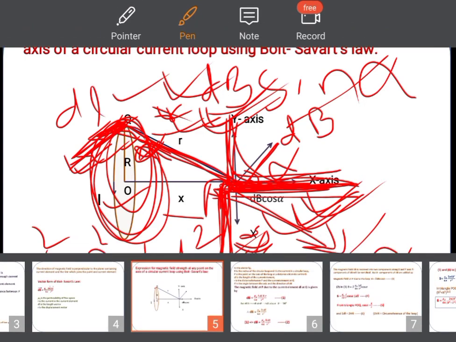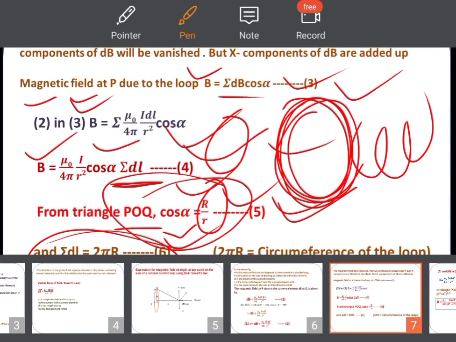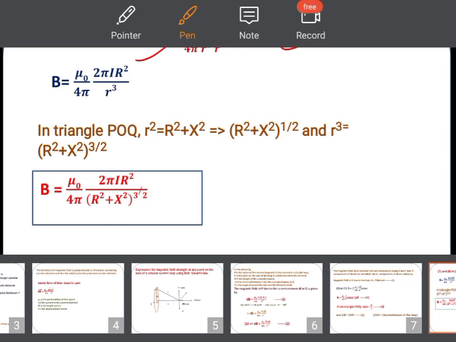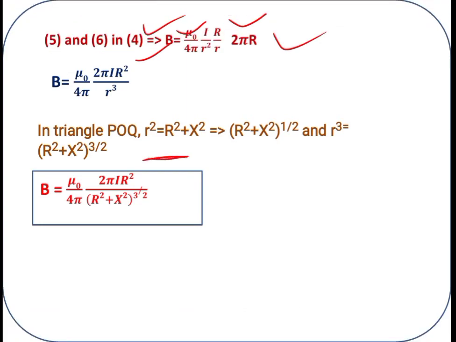Same here I considered, from Pythagoras theorem. Then r is equal to square root of R square plus x square, or R square plus x square raised to 1 by 2. Both meanings are the same.